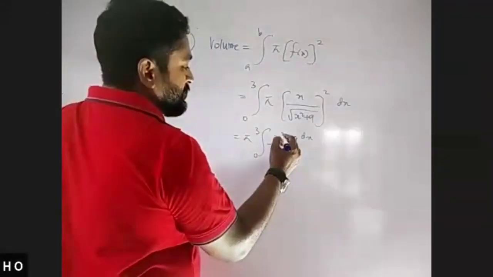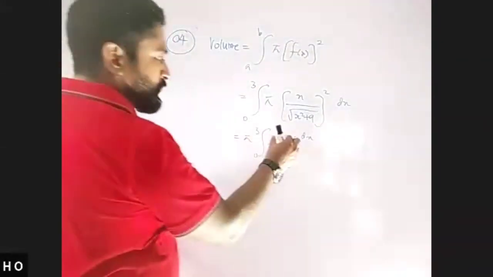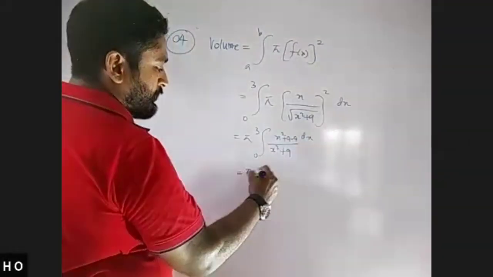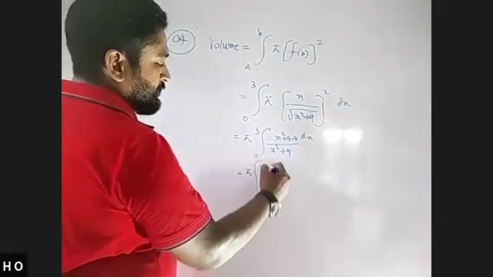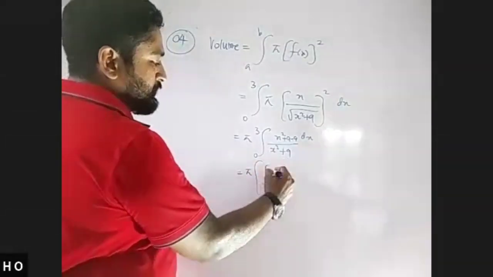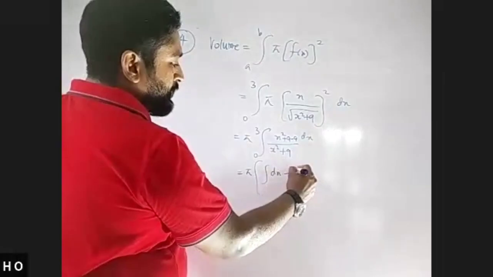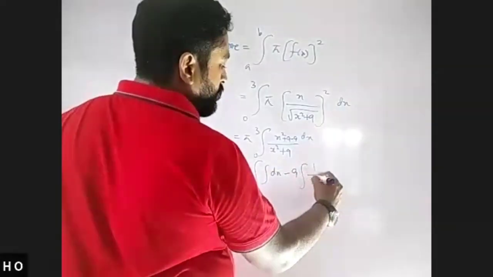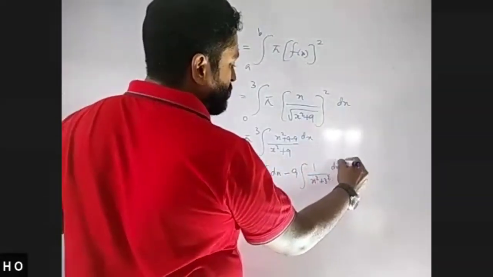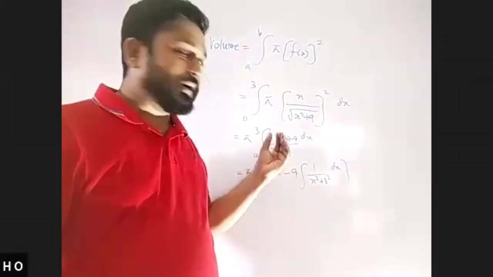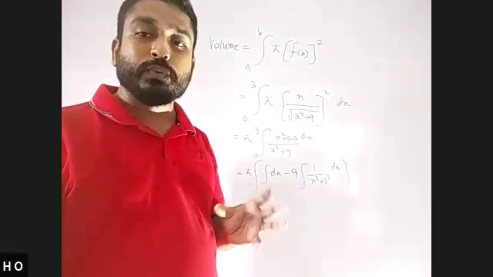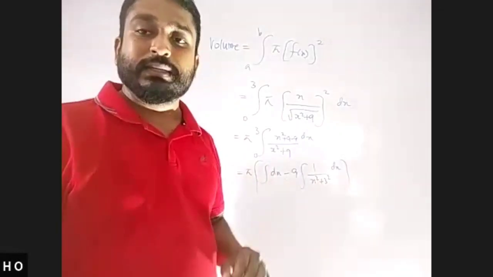Then let us separate x squared plus 9 over x squared plus 9, which is just 1. So it is integral of 1 dx minus 9 times the integral of 1 over x squared plus 3 squared. Why did I make it 3 squared? Actually, by targeting 1 over the sum of 2 squares with the variable and the constant, it is tan inverse.